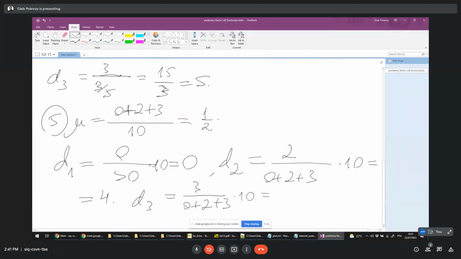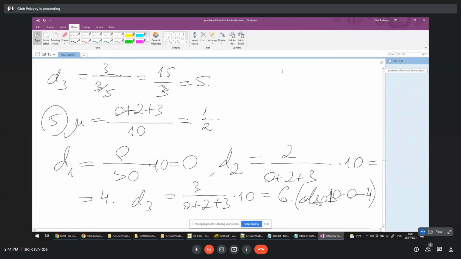Since in this mechanism we don't throw away anything, we can also just say that it's 10 minus everything we have already allocated, which is 10 minus 0 minus 4, so it's 6. That's yet another way to see what happens here. So it's 3 divided by 5 times 10, it's 6. Okay. Also 10 minus 0 minus 4.